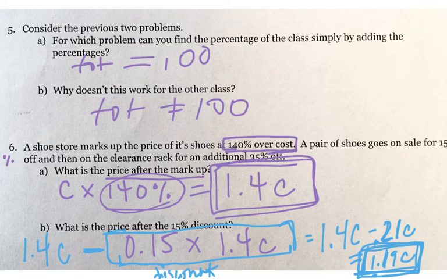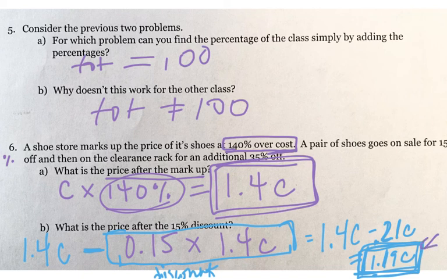Okay, so with that discount, that shoe store is still making some money. But once it goes into that clearance rack for an additional 35% off, they're going to lose money on those shoes that they're selling. But that 35% would come off of this value here.